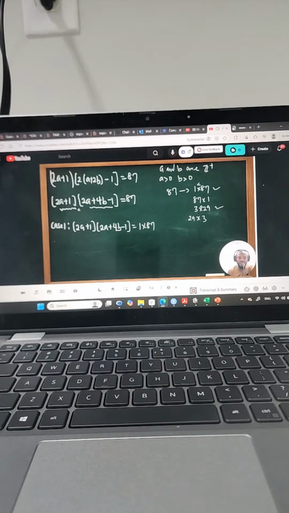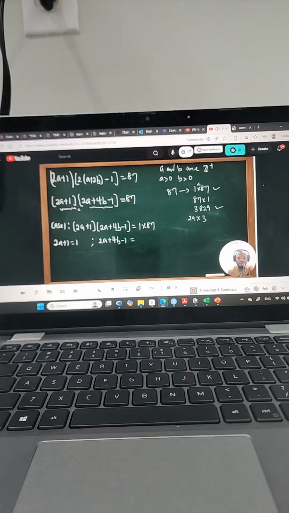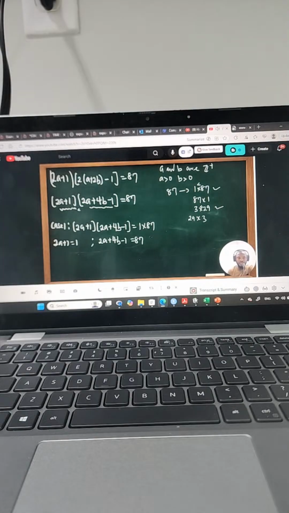Now, this shows that you're going to have 2a plus 1 equals to 1, and 2a plus 4b minus 1 equals to 87. So from here, simplifying further, we have 2a equals to 1 minus 1, which is 2a equals to 0. This implies that a is equals to 0.